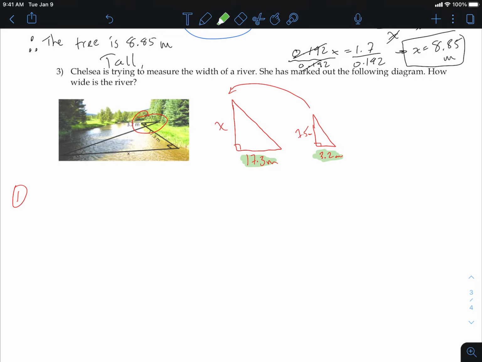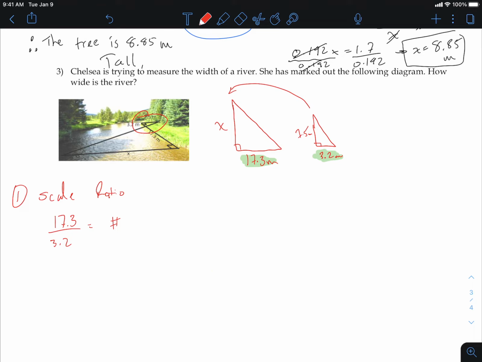Okay, so we can figure out what the scale ratio is between those two, right? And then you could figure out, okay, well, what is 17.3 divided by 3.2? That would give you a number, right? That's the scale ratio.